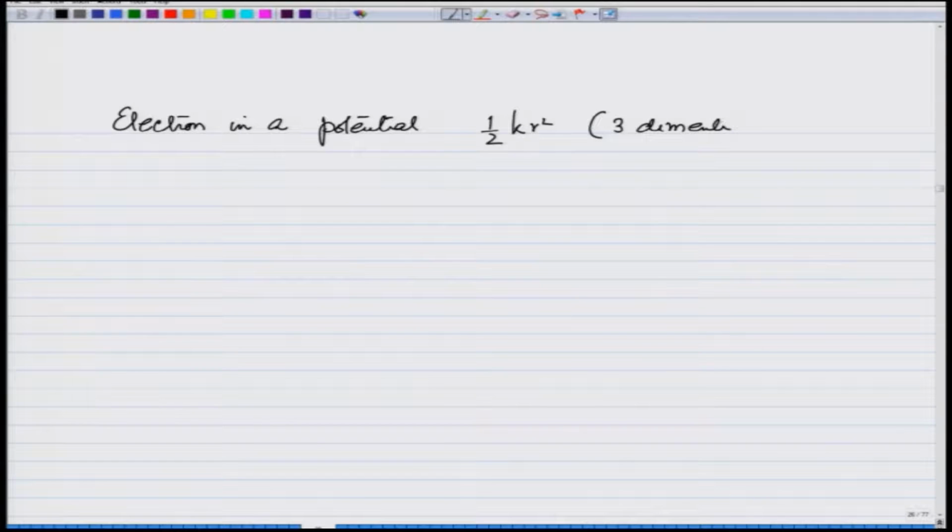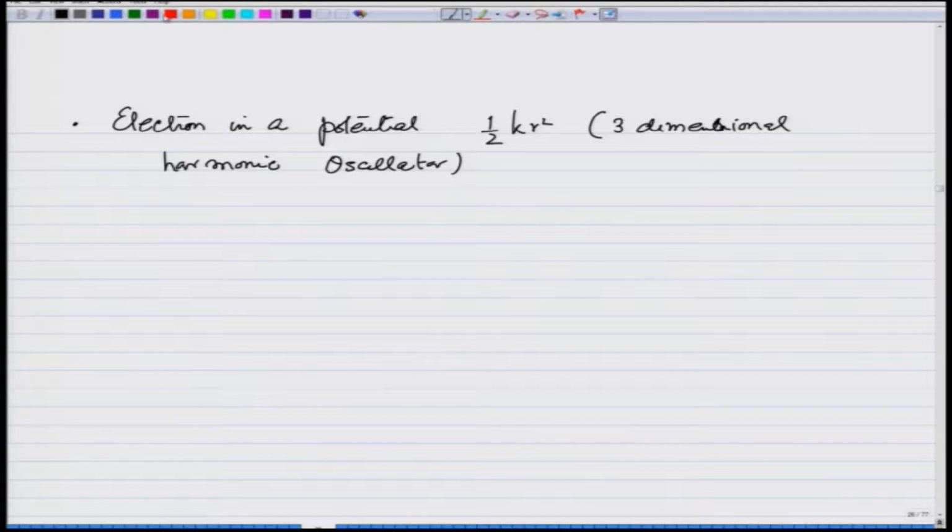Or electron or any other particle in a potential, say 1/2 k r square, which is also known as 3-dimensional harmonic oscillator, or any other potential that depends on distance r only.